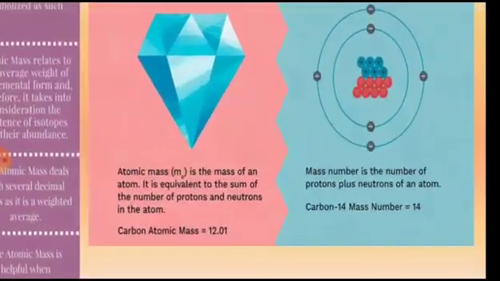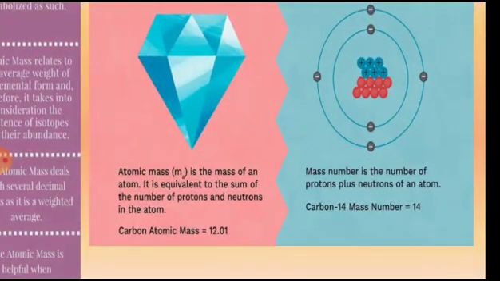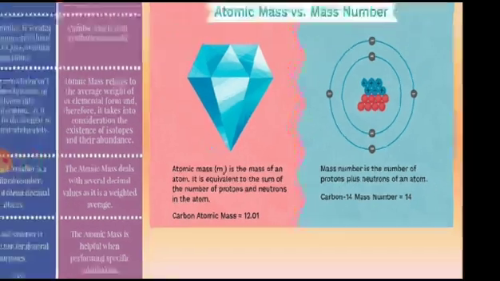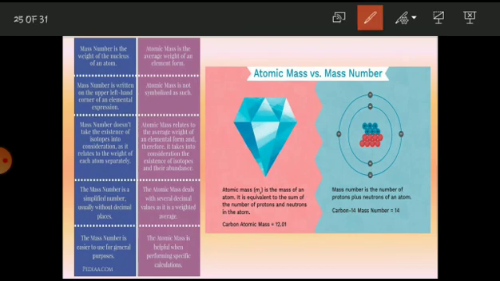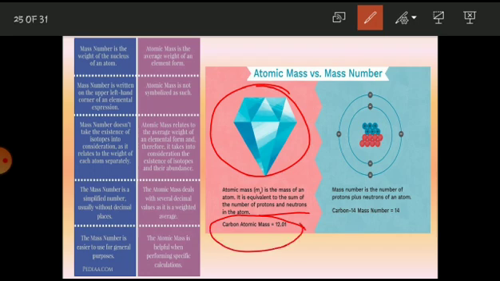So what is the atomic mass? Just see here, diamond is present and on the other side carbon is present. We know that the diamond is made up of carbon only. So the atomic mass is the mass of an atom. In this case, the carbon atomic mass is 12.01.